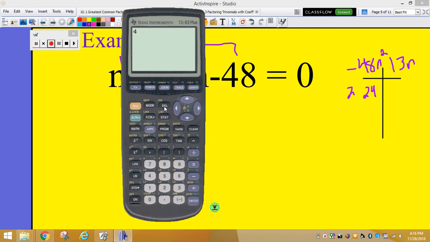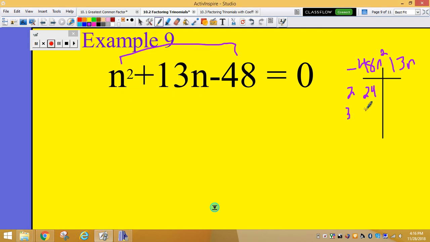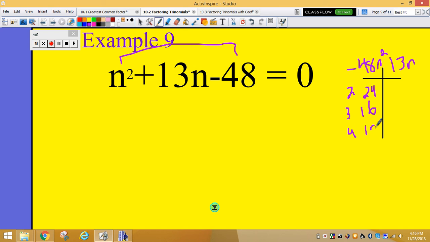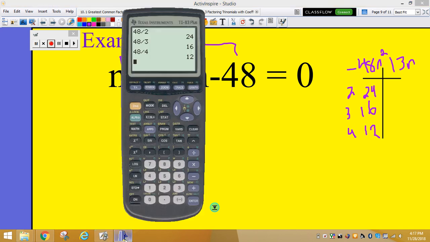If you don't know how to find your factors, just start dividing. So when you divide by 2, I know it's 2 and 24. Divide by 3. Okay, so 3 and 16 are another pair. Let's try 4. 4 and 12. So this is how you would build your list.